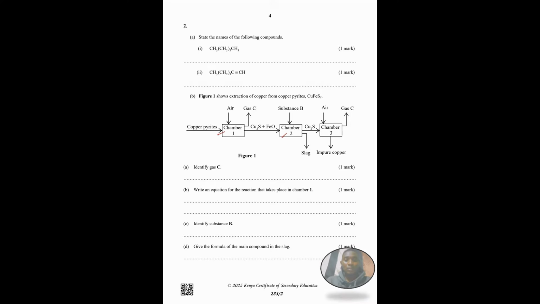So in this case, I'm going to have 7 carbons: 1, 2, 3, 4, 5, 6, 7.